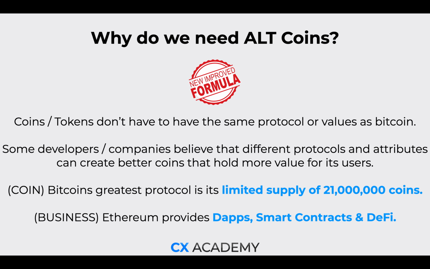And in terms of a business, Ethereum, which is the second largest cryptocurrency, it actually provides usability, services and products such as decentralized apps, smart contracts, and decentralized finance. We can actually utilize Ethereum in many different ways as a business.